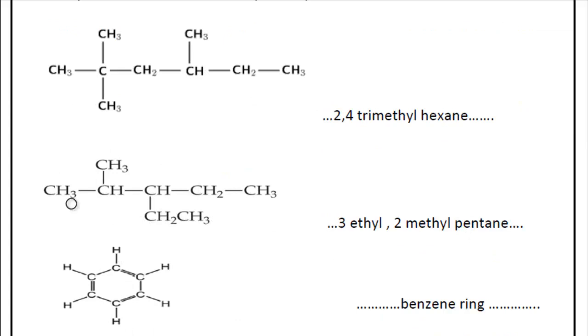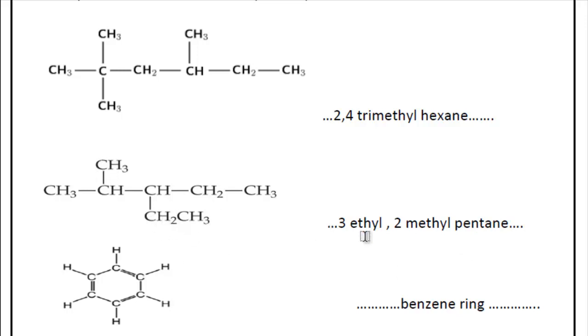After that, we have all single bonds, so we count the longest chain. This will be the longest chain. We have 5 carbons, so it will be pentane, and the side chains are methyl and ethyl.